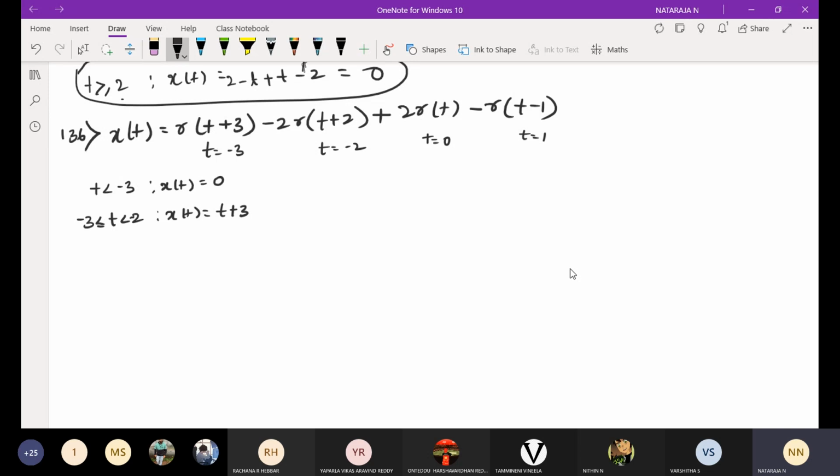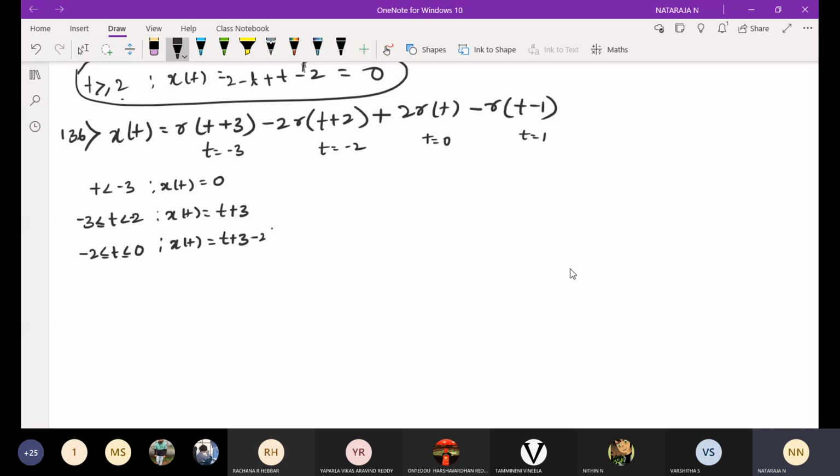Then from -2 to 0, x of t is equal to, what is the previous output we got? We got t plus 3. T plus 3 is our previous output. The present interval is t plus 2, that is -2 into t plus 2.